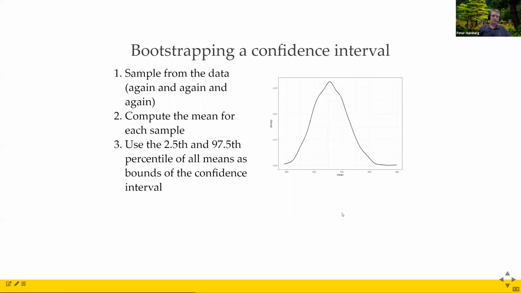We do what I said just before and start resampling this data set. We have 20 observations to begin with, so we're going to draw 20 of those. We get a new data set, we calculate the mean, and we do it again and again and again. Here I did it about 1,000 times, I think. Then we get a distribution of the means of these data sets.